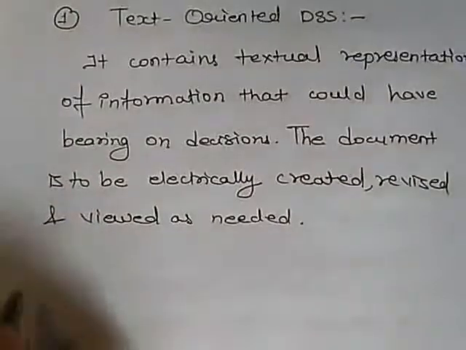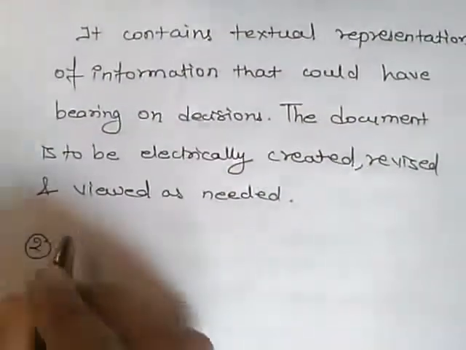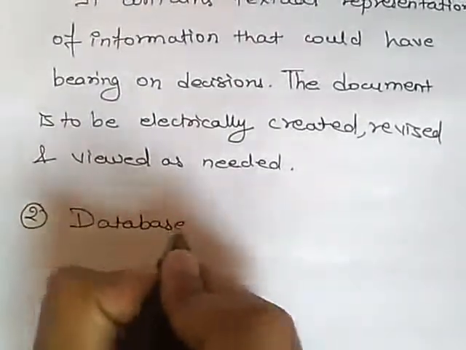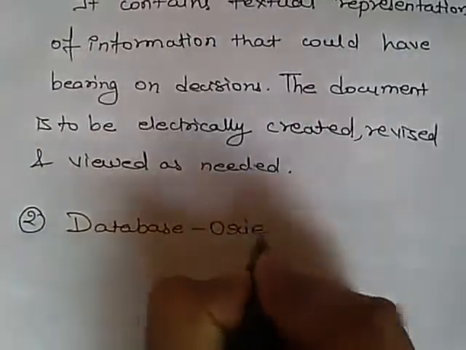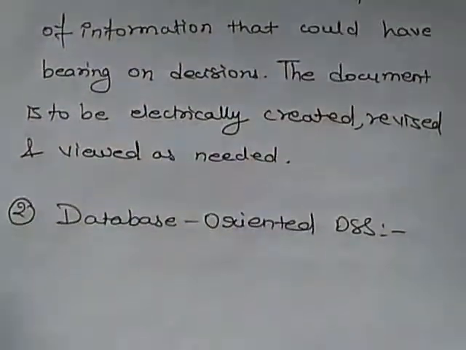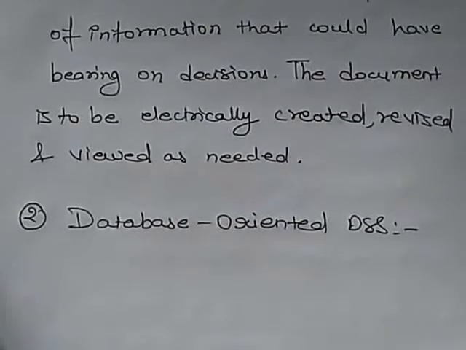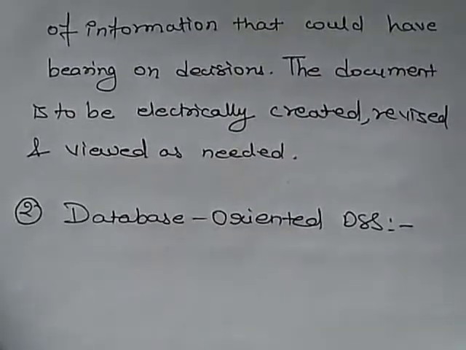Now, the second type of DSS we have is database oriented. As we know, a database plays an important role in storing a huge amount of data.